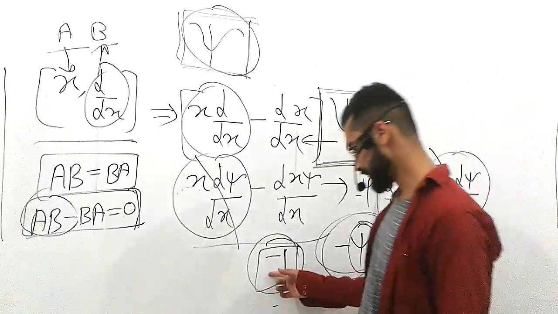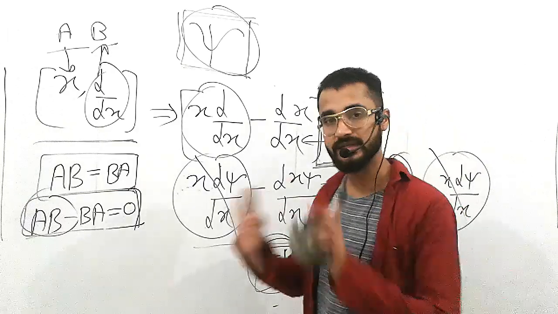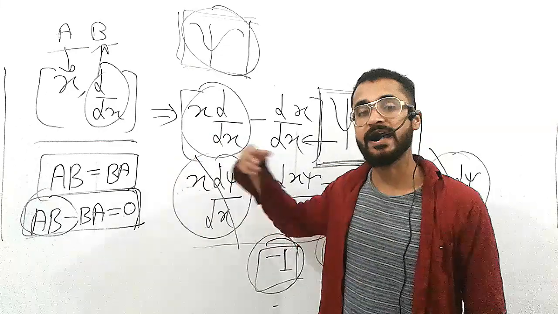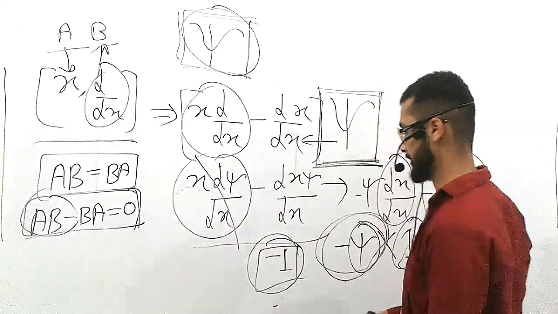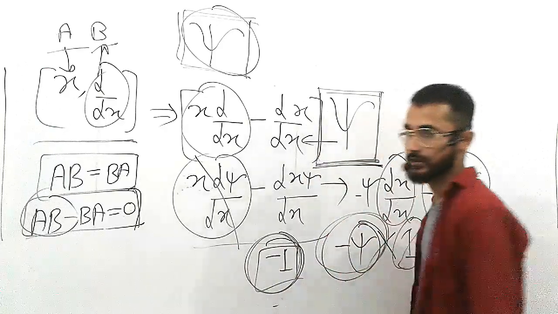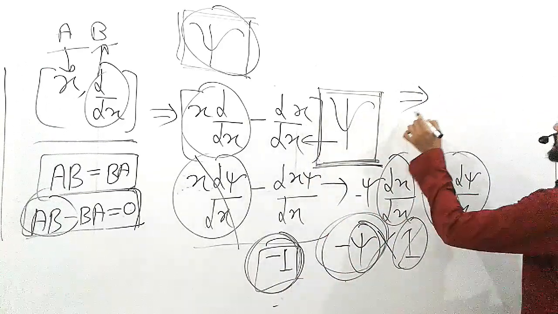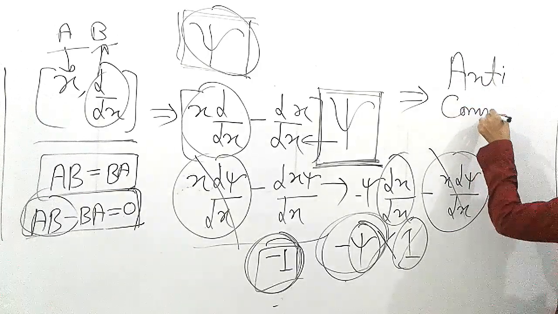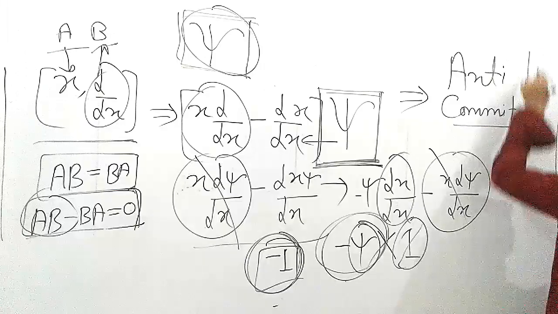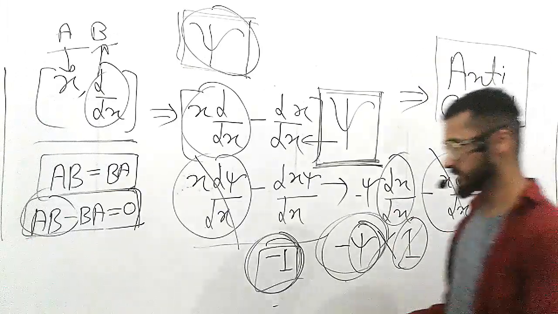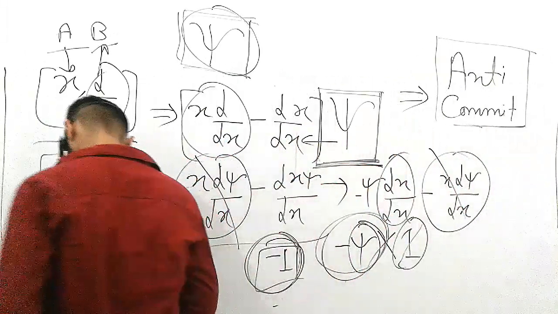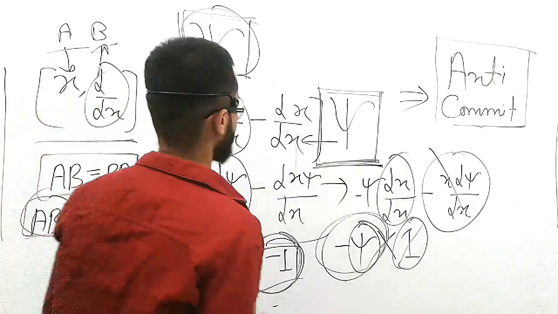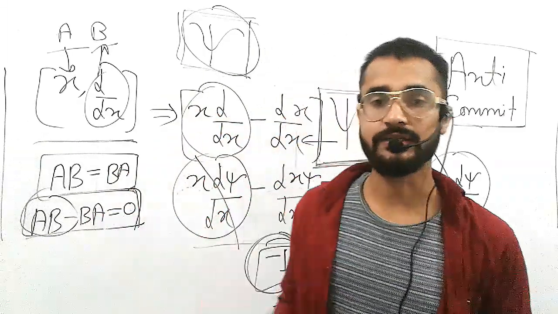So that's why we will simply say they are not commute. They are anti-commutator. Okay, because we got minus 1 here, so I'll simply say they are anti-commute. That's the answer, that's the relationship between them. Okay, now we'll take a further example and we'll get the relationship.